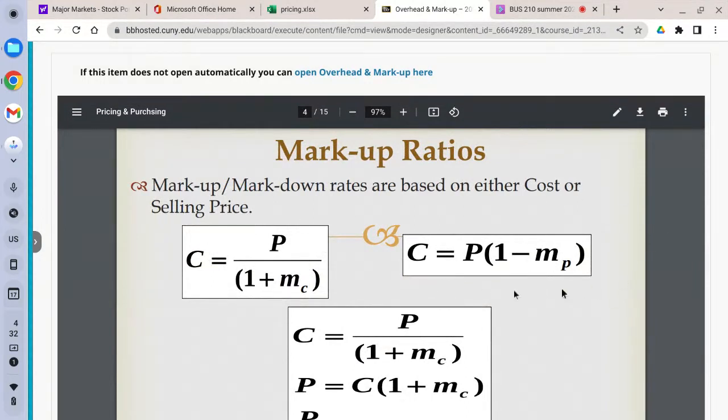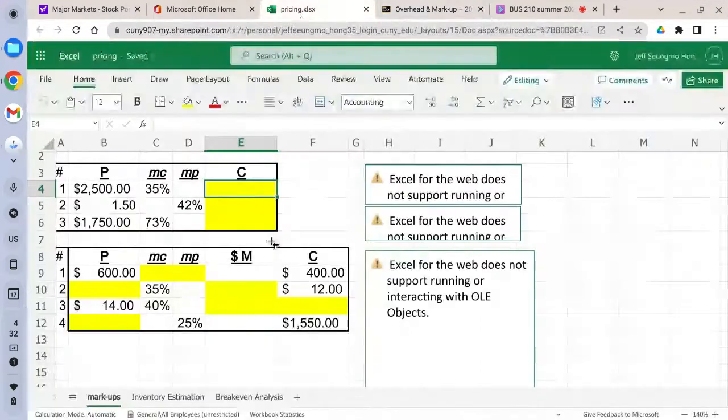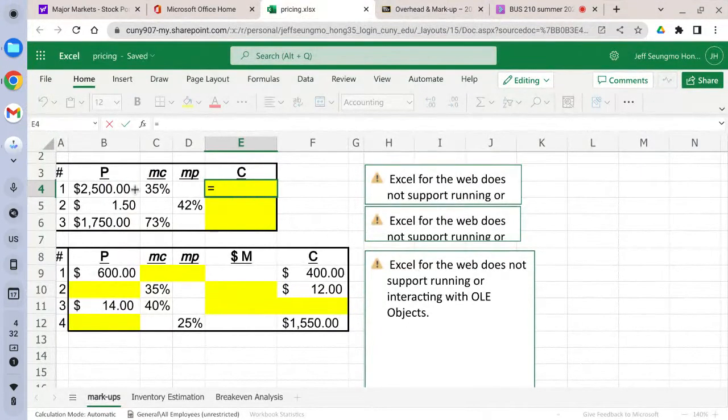This is how you find cost when markup rate is based on selling price. So with that in mind, cost must be price divided by 1 plus, right? Which is not a difficult thing.